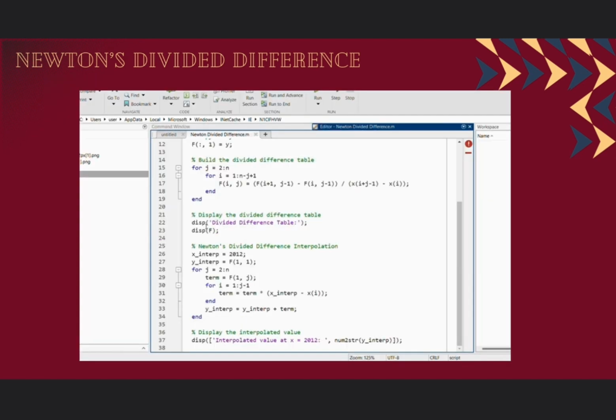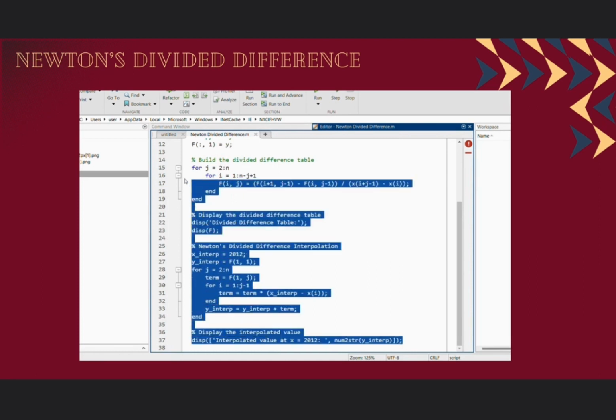And then we display the divided difference table using this coding. For the Newton divided difference interpolation, x_interpolation at 2012 and y_interpolation at F11. So we can display the interpolation using this coding, num2str y_interpolation.